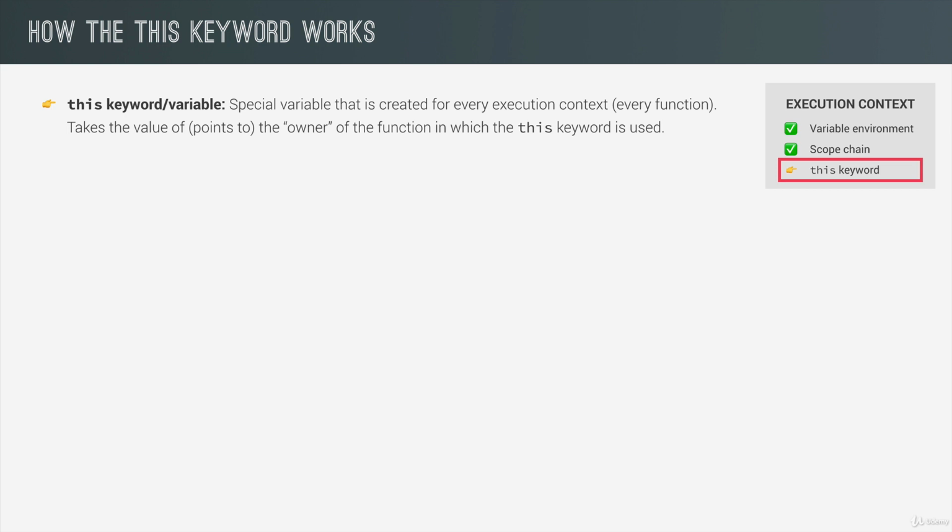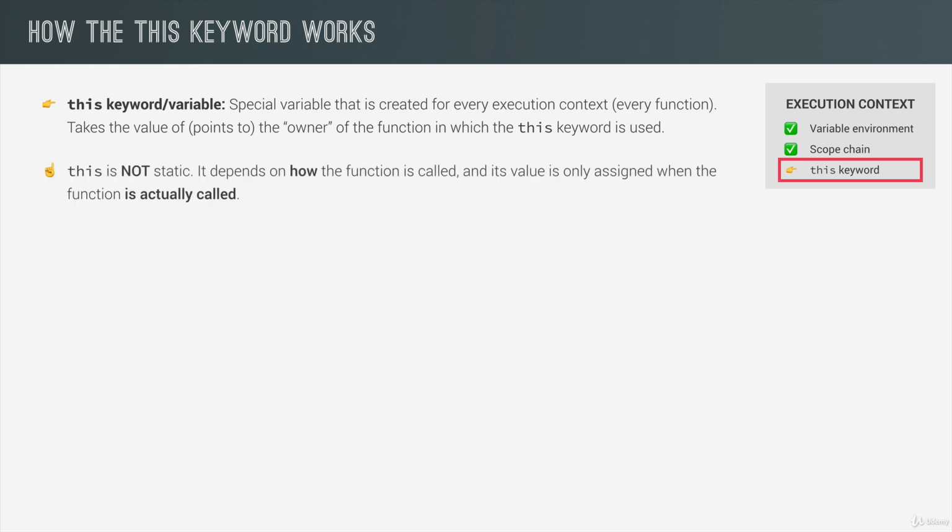For now, what's very important to understand is that the value of the this keyword is not static, so it's not always the same. It depends on how the function is actually called, and its value is only assigned when the function is actually called. So it's very different from a normal value in this regard.